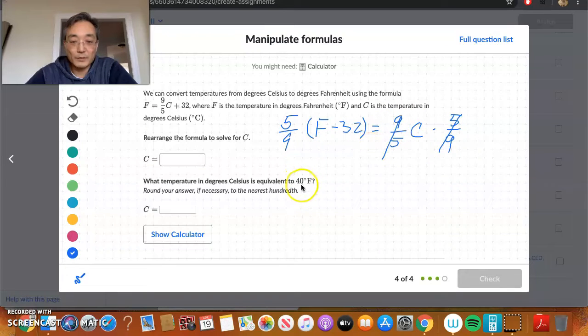They're asking what if the Fahrenheit is 40. So we're going to have 5/9, 40 minus 32.